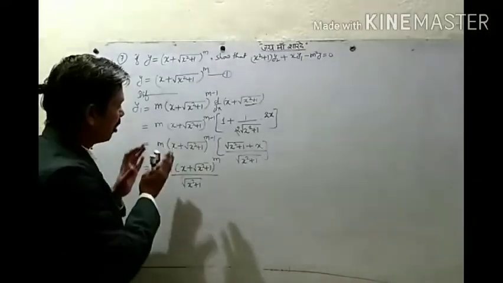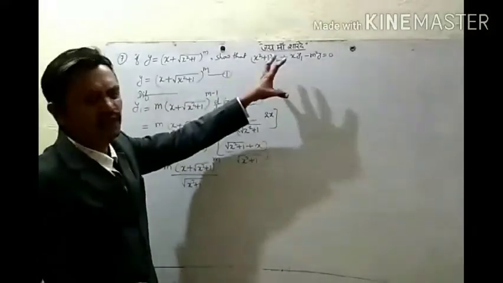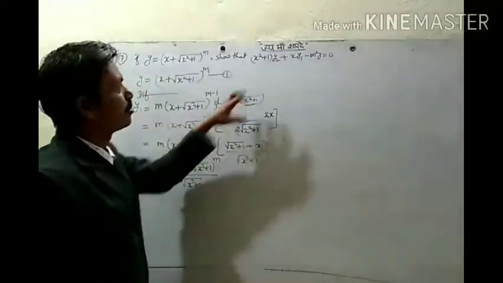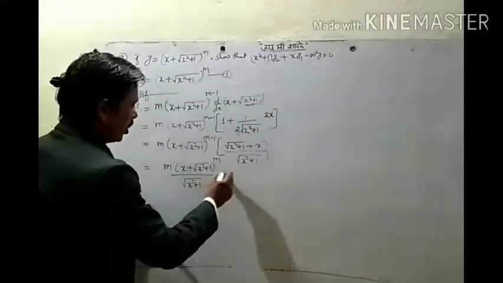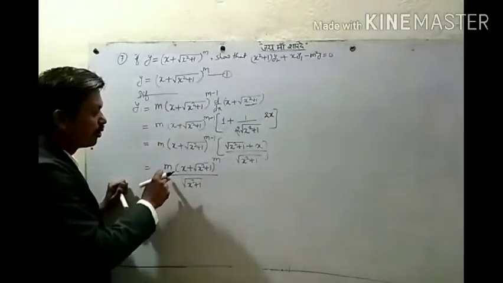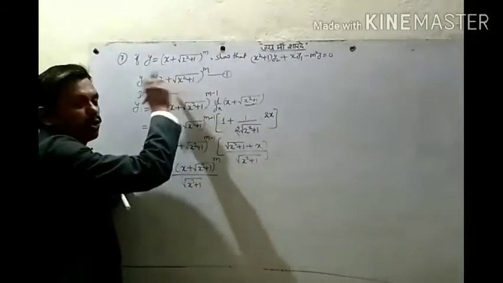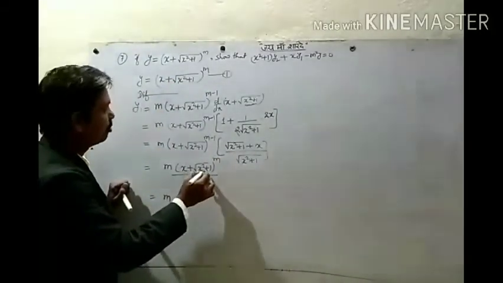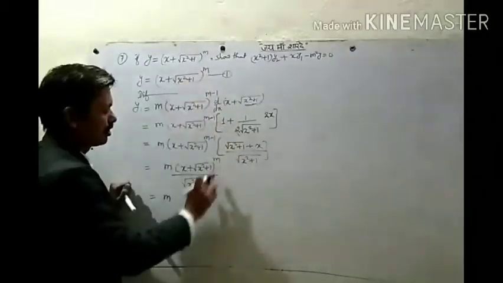Now with the help of this y1 we can find y2, and we can put all the values here and simplify. Or with the help of this y only we can reach up to here. So if we use the first equation, in the first derivative, x plus root x square plus 1 to the power m is y.